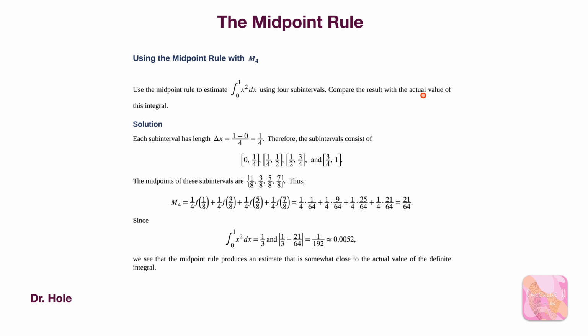Going to the second part of the question, we know that we can easily evaluate this definite integral. x squared integrates to x cubed over 3. Evaluated at bounds produces 1/3.